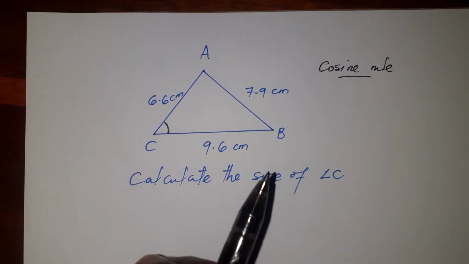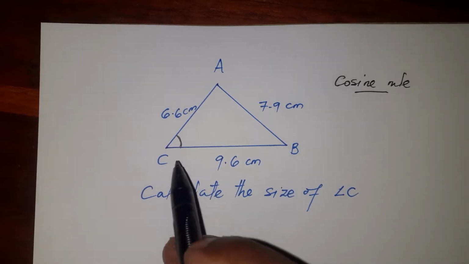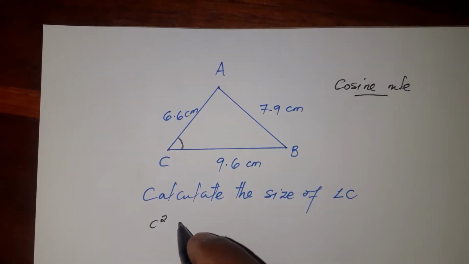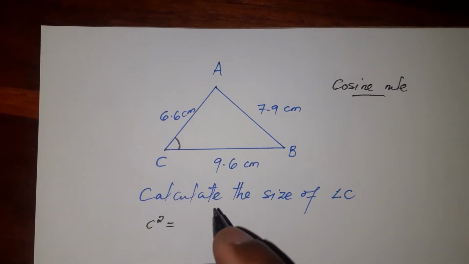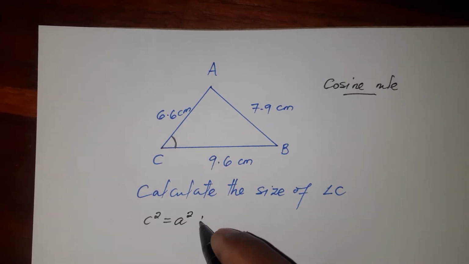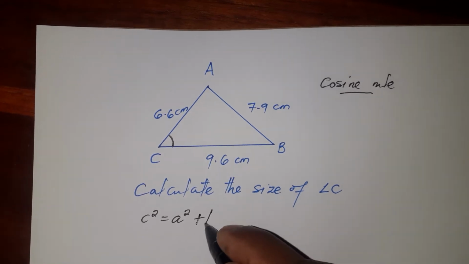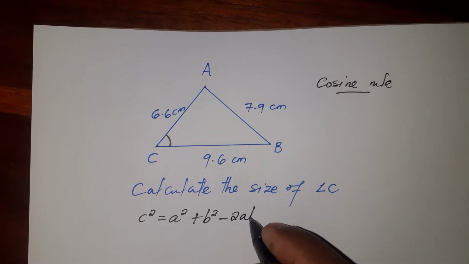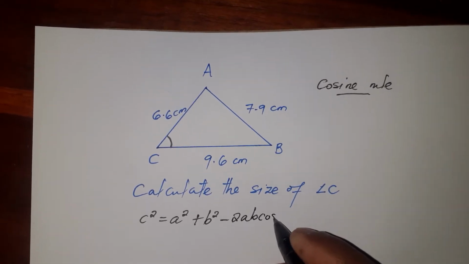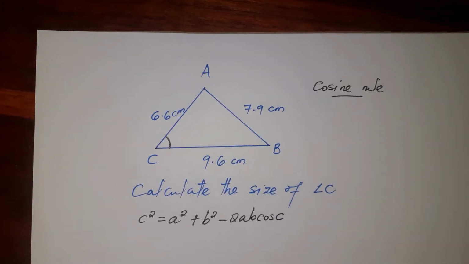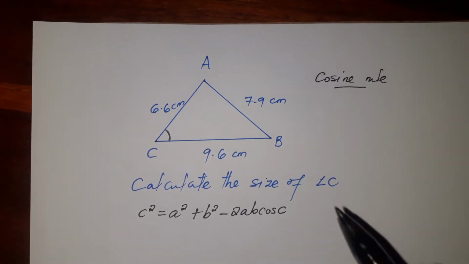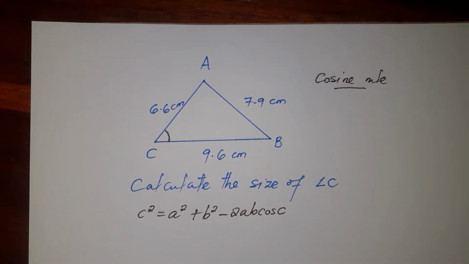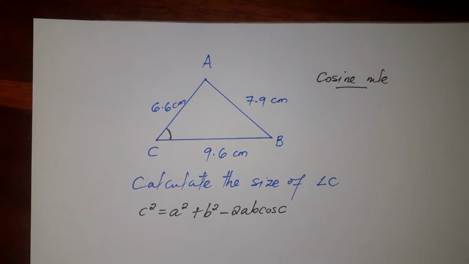Let's write down the cosine rule. Since you are looking for C, we say C square equals A square plus B square minus 2AB and then cosine C. This is the formula that you need to know by heart.